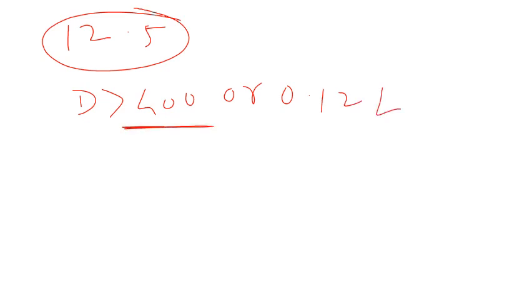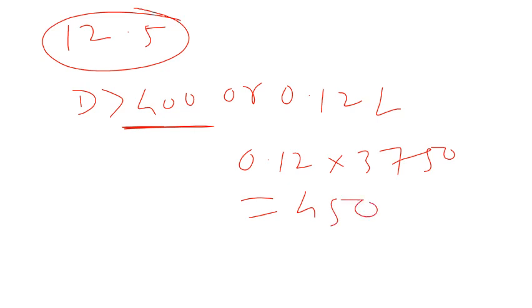Now find out 0.12 L. So 0.12 into L, which is 3750, will come to 450. In this case, whichever is greater, we have to consider D equal to 450 mm.